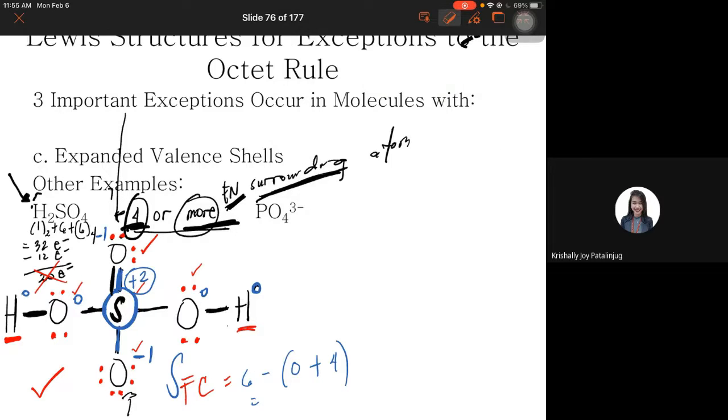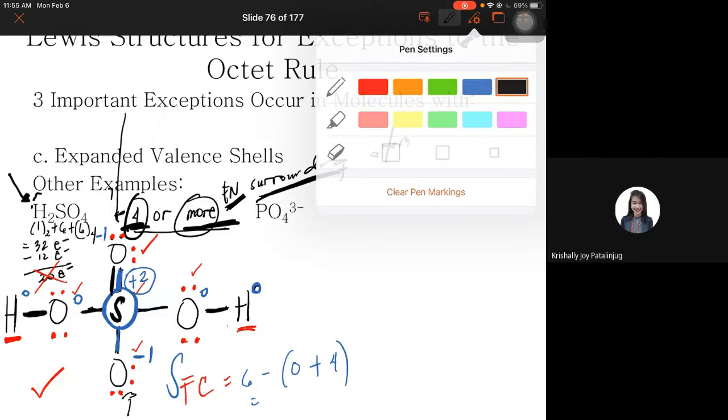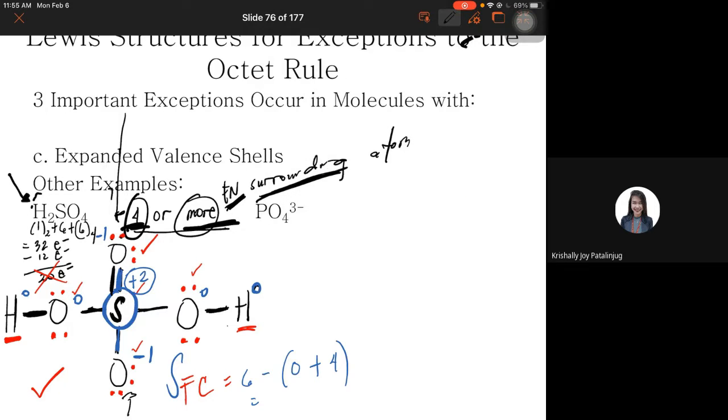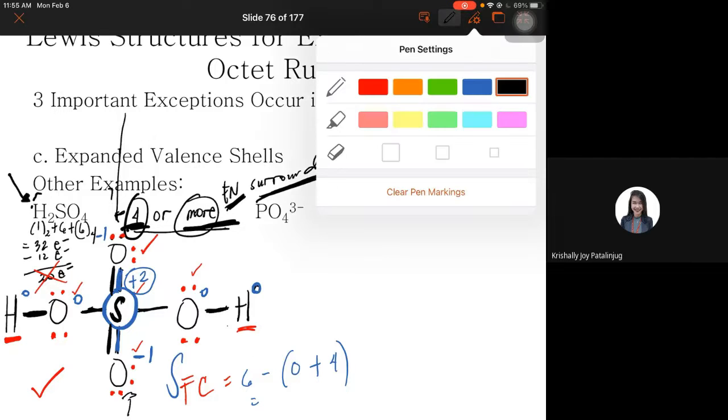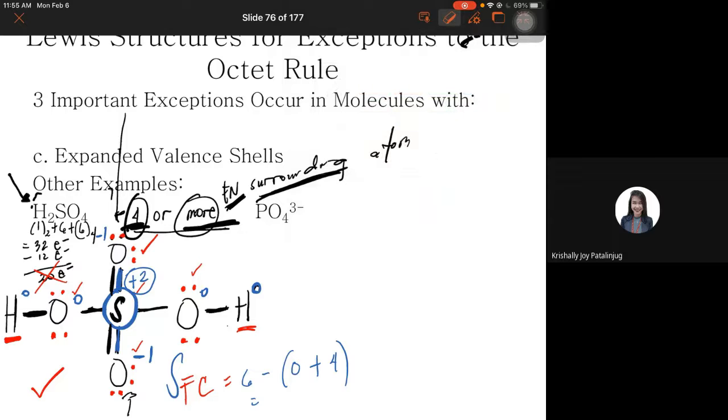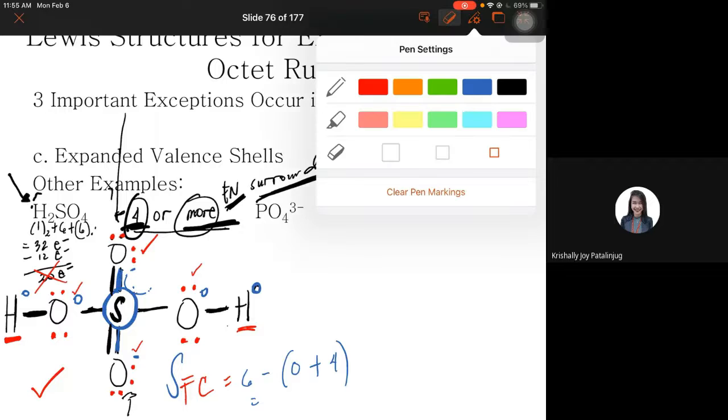Another lone pair naman, at the bottom, oxygen, gagawin mo siyang bonding pair. Let's try to compute again further formal charges.